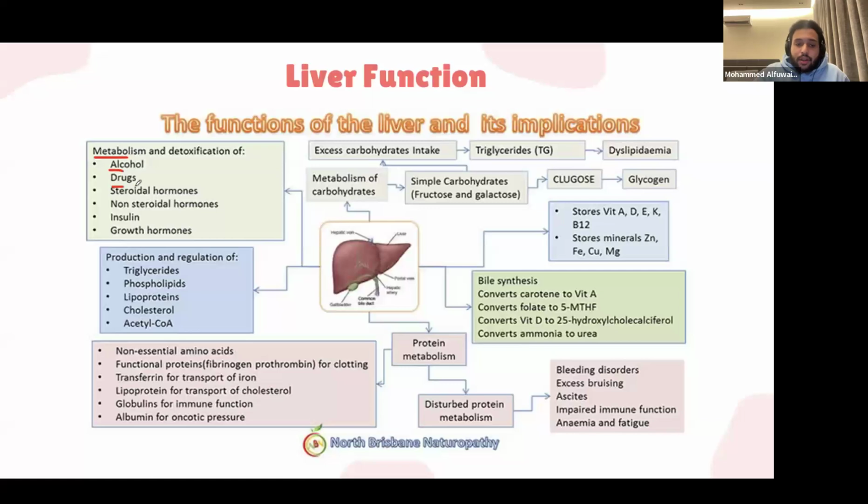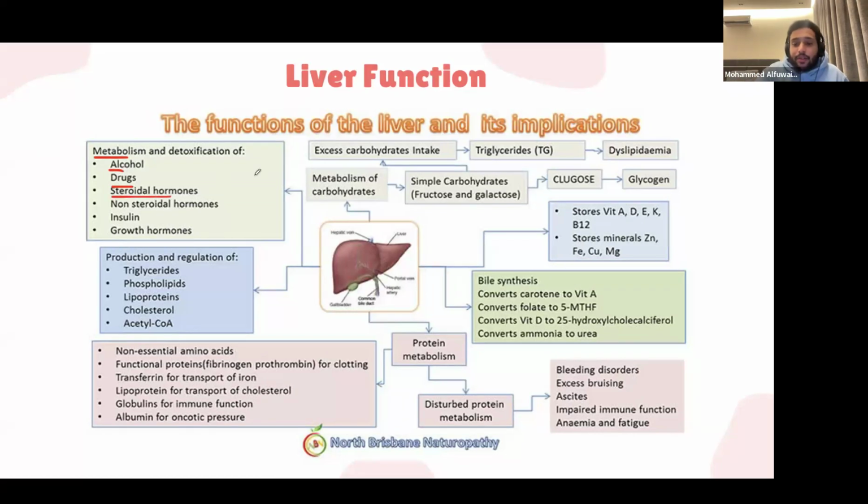Number one is with alcohol and drugs, usually when someone has chronic liver disease, you do not want to give them drugs that are hepatotoxic. So such as antibiotics, NSAIDs, and so on. You want to reduce the amount of drugs that are hepatotoxic or metabolized by the liver, okay?